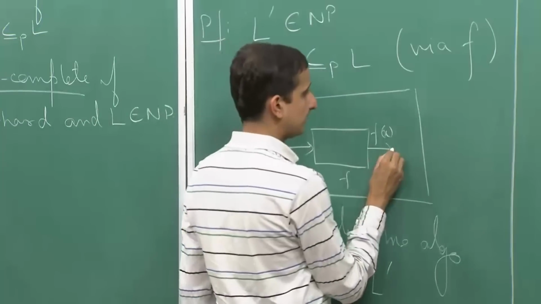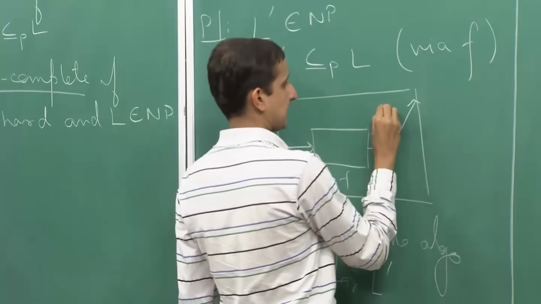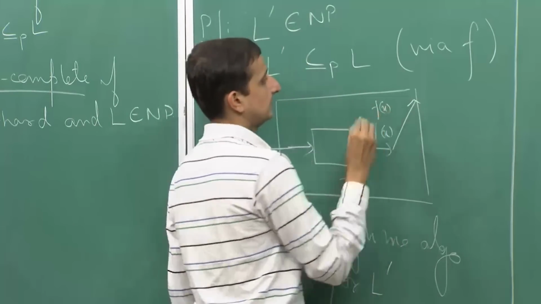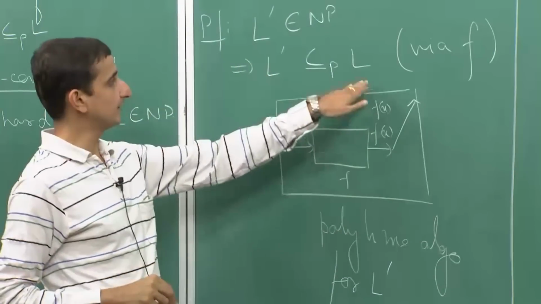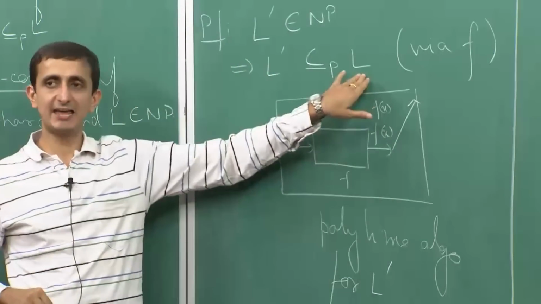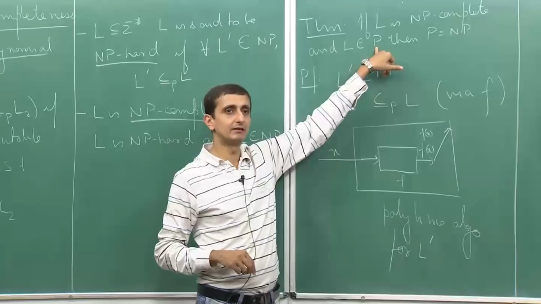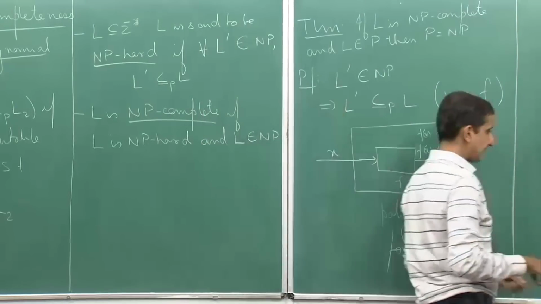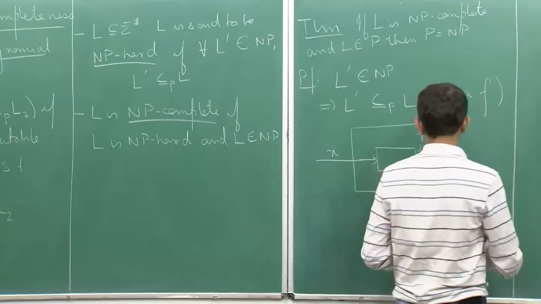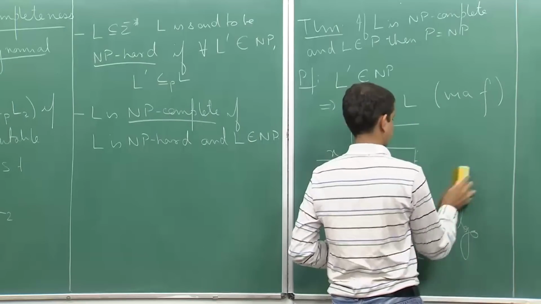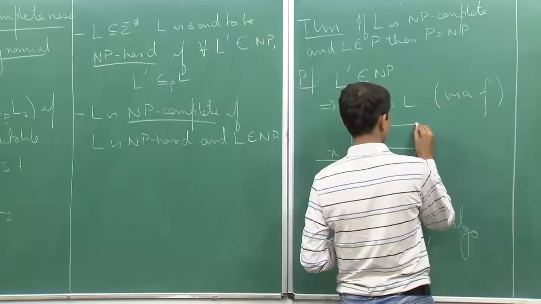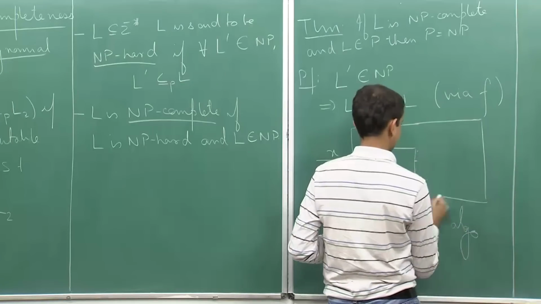Okay. Now, if f of x, so what is f of x? F of x is an instance of the language L, and our assumption is that L belongs to P. So, now I apply that box on top of this. Let me make it bigger.